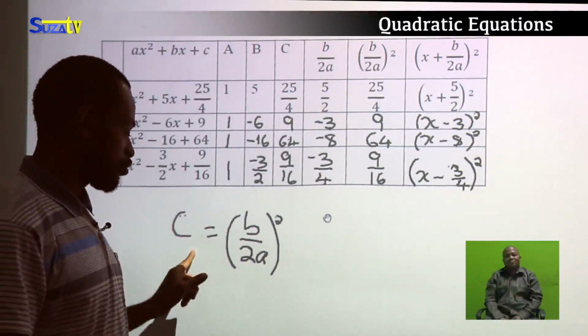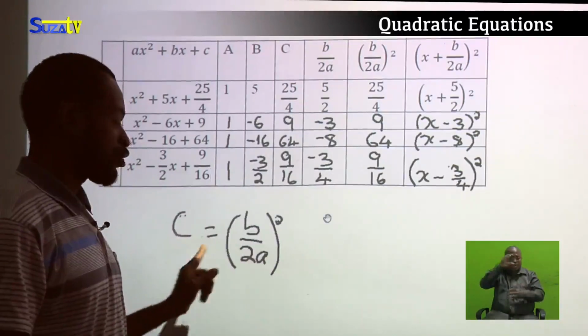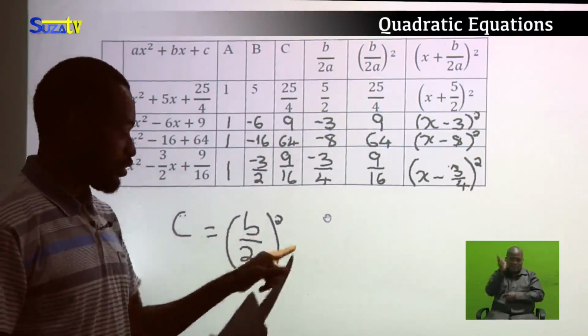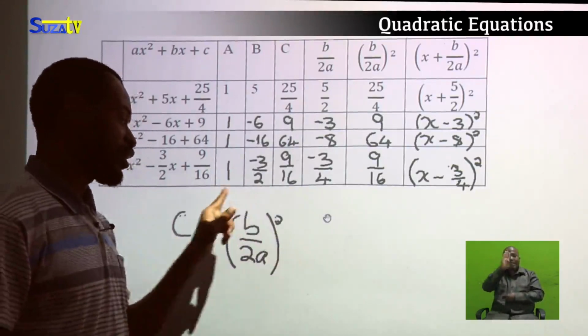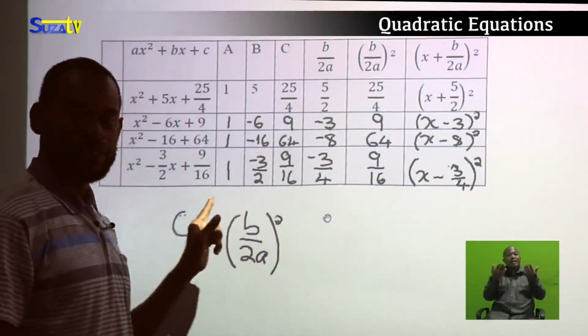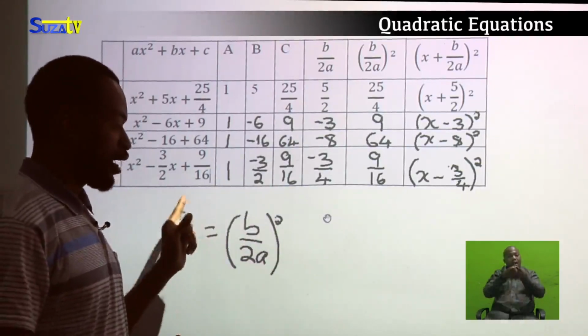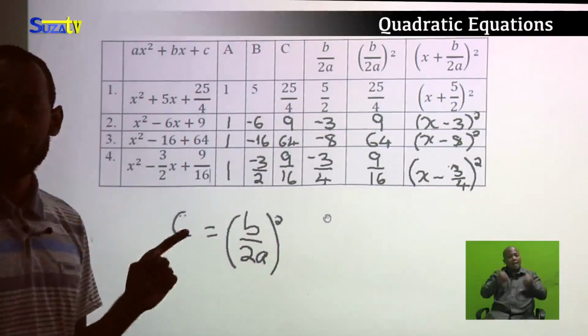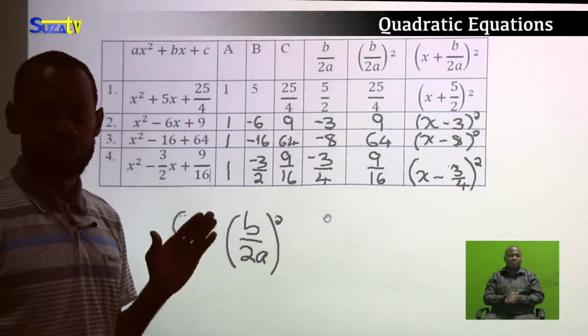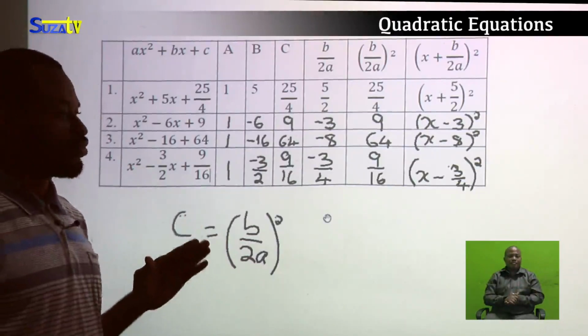This value, c equal to b over 2a squared, can be used to help us make a perfect square of a certain quadratic expression which is not a perfect square.